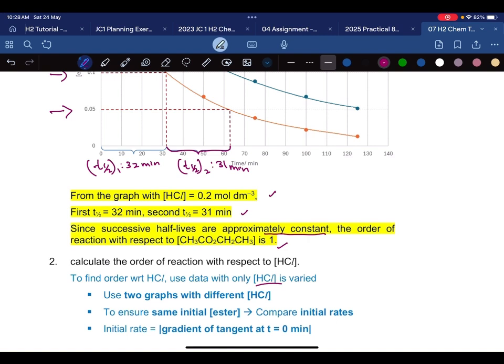To ensure that we are using the same initial concentration of the ester, we should be comparing the initial rate. And how do we find the initial rate? We have to find the gradient of the tangent at t equals 0.